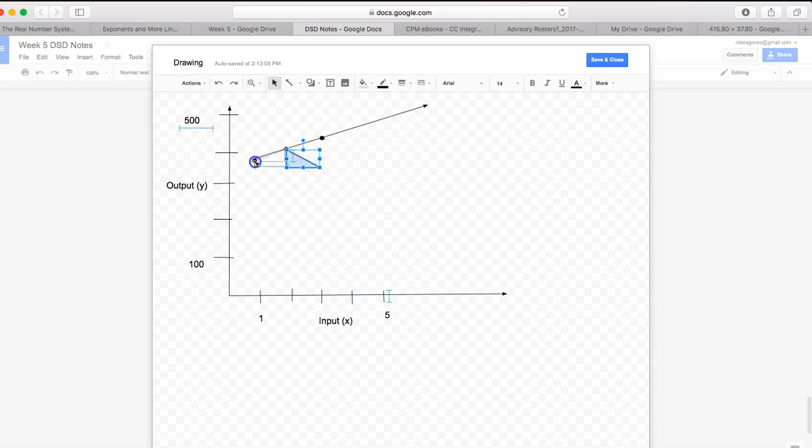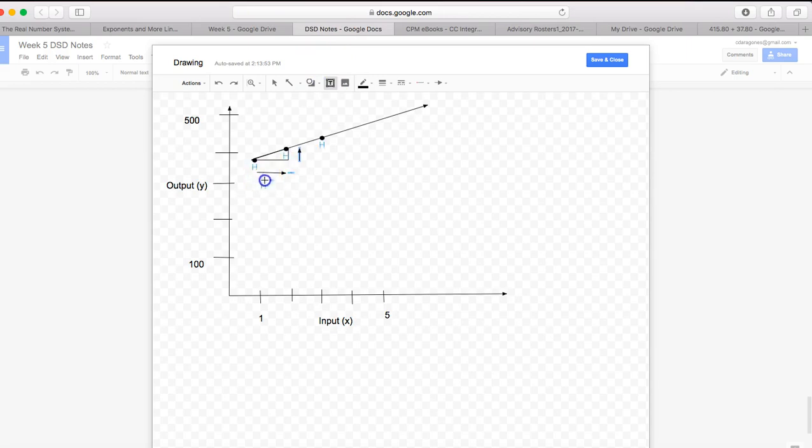We notice, okay, let's stretch this out. So you notice for every one X that I go, for every one to the right, I go up $37.80.